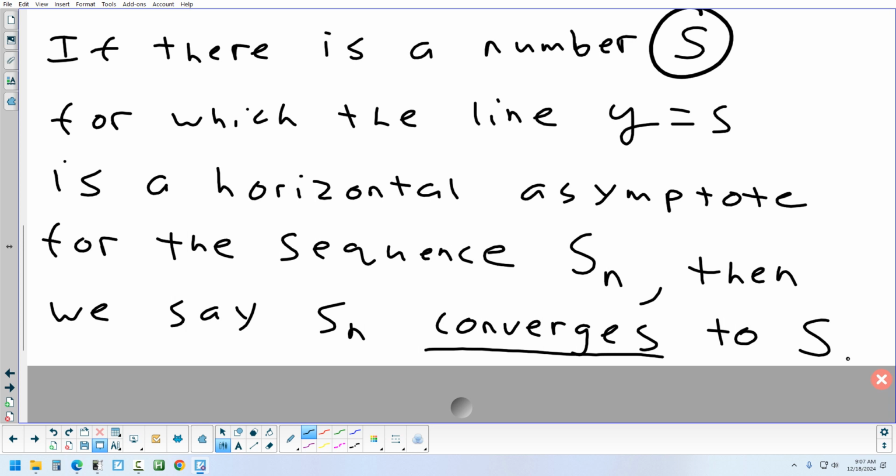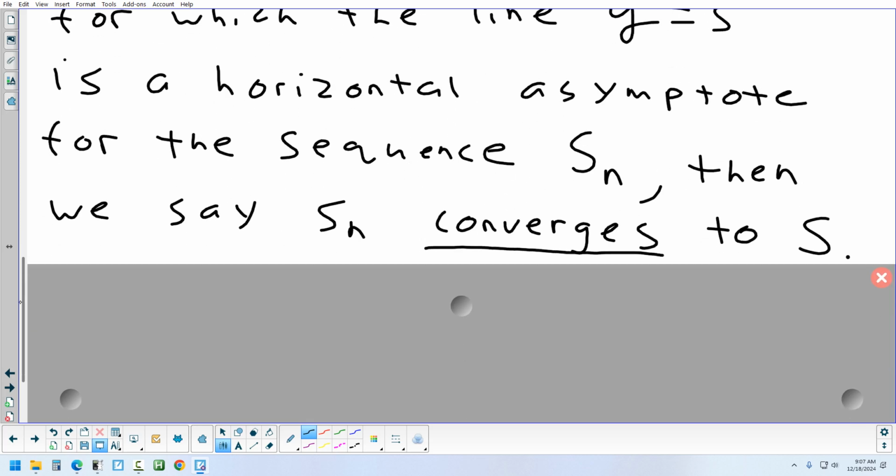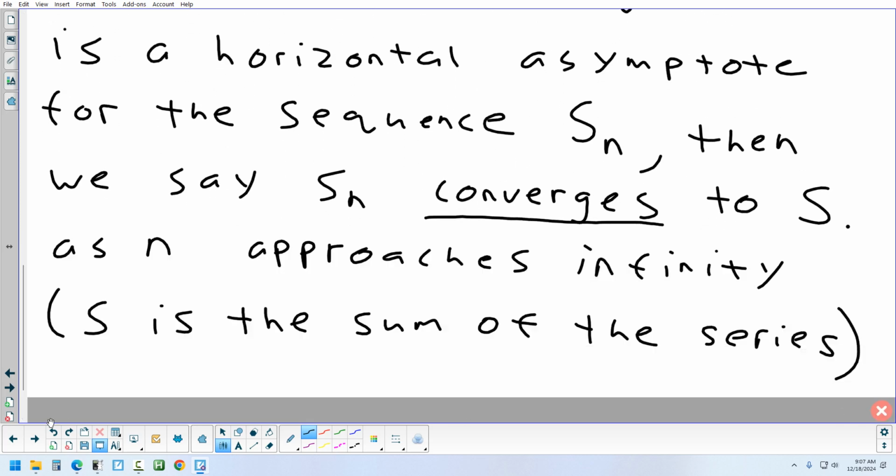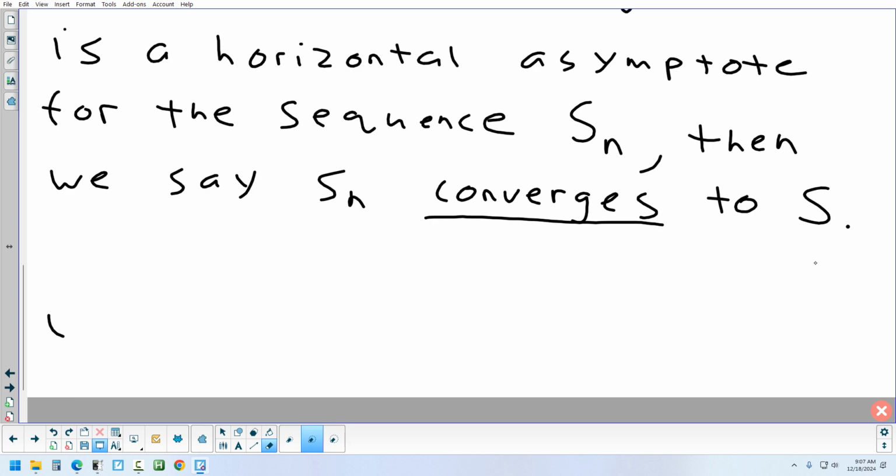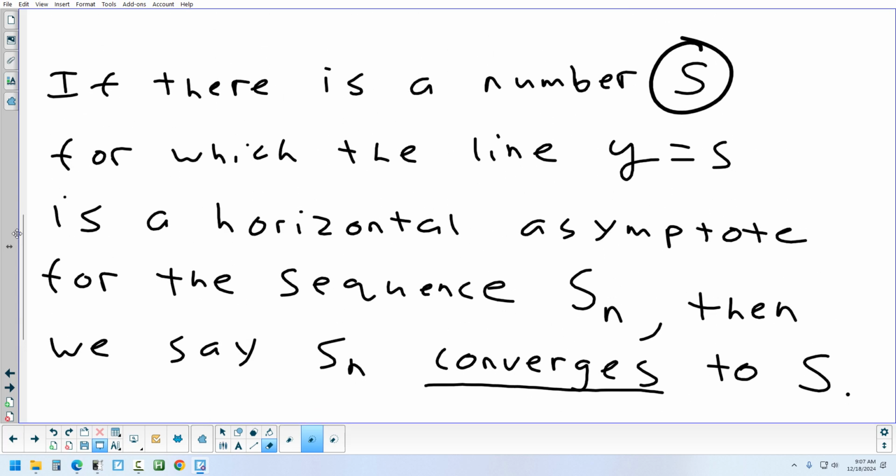And I'll show you an example where we draw a picture and take a look at it. Okay, so if you can find a horizontal line that you could put in your graph, and when you do your sums, it looks like you're getting close to that but never reaching it, that horizontal line, whatever number it's at, that's what the numbers would add up to.